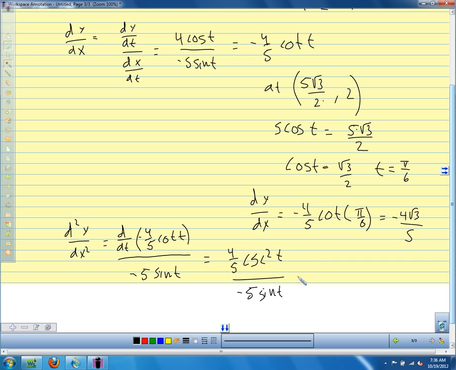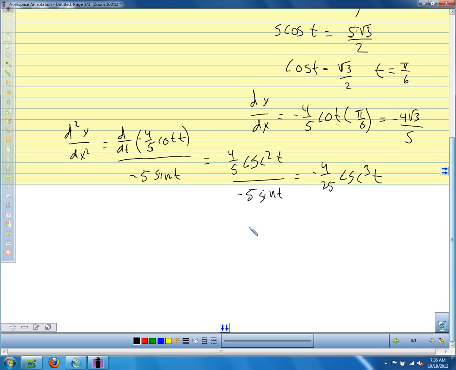So we end up with negative 4/25 cosecant cubed of t. And we know that t equals pi over 6. At t equals pi over 6, this equals our second derivative. Finally, we plug that in and we get negative 32/25.